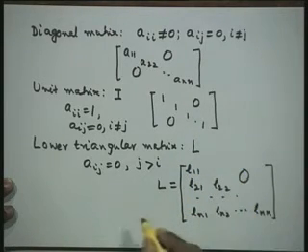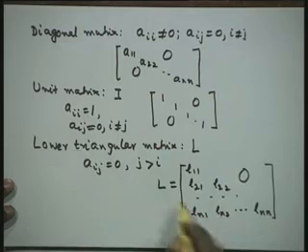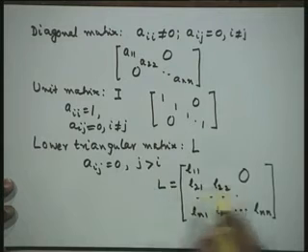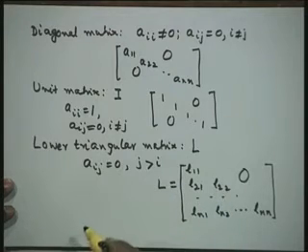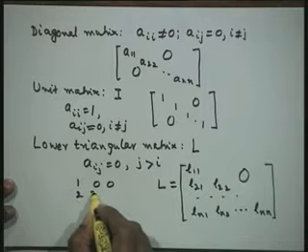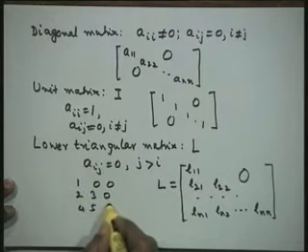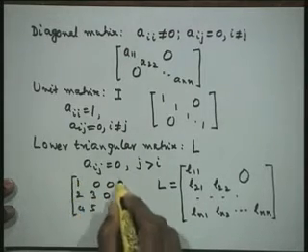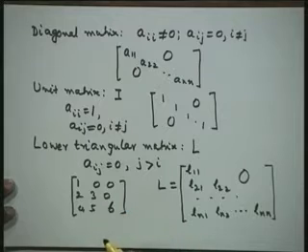All the elements above the diagonal are 0. So this is a lower triangular matrix. The elements on and below the diagonal are non-zero, and all the elements above the diagonal are 0. For example, a trivial example here is a 3 by 3 lower triangular matrix in which the elements above the diagonal are all 0.